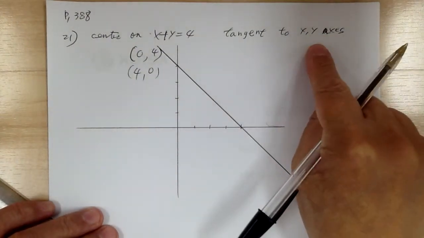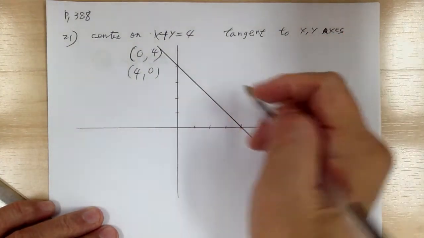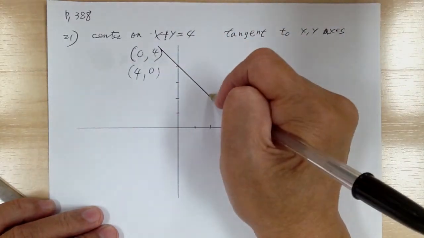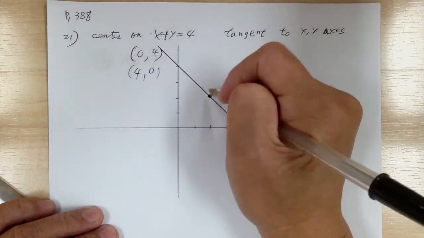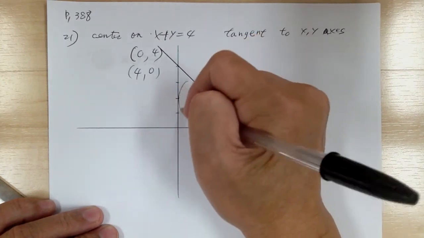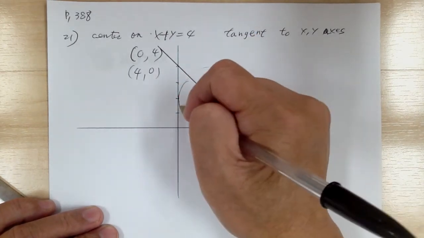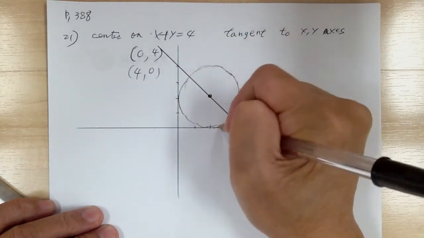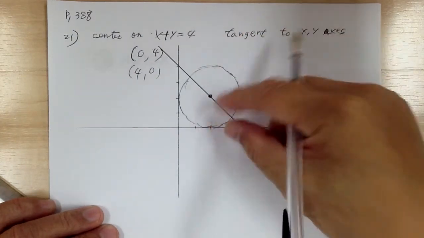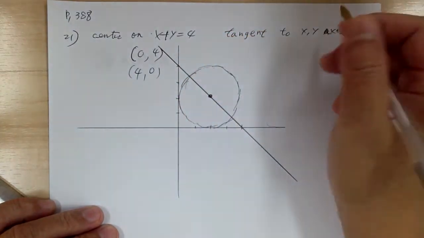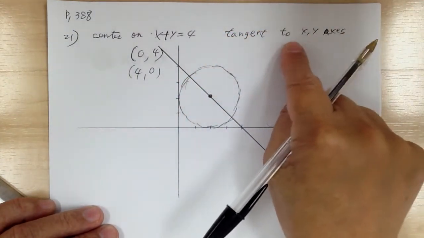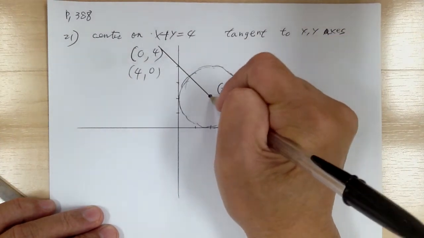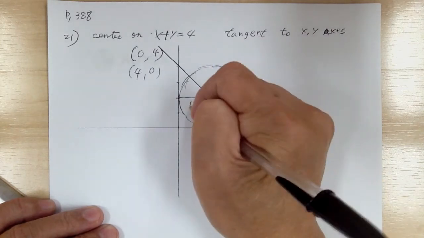Now, since it's tangent to both axes, that means the center is on here. So that means the center has to be right over here, so that it would be tangent to the y-axis and to the x-axis. Another thing to realize is that x and y are equal. So finally, you can see that the center is going to be (2, 2), and the radius is going to equal 2.